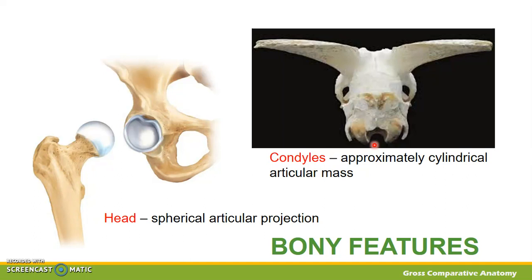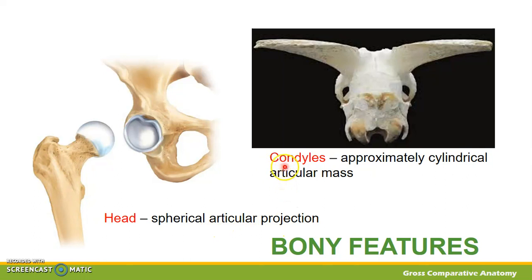For the articular projection, the typical example is the head, which is described as a spherical articular projection, as you can see here. But take note that not all heads are spherical in shape. This is the head of the femur, but in contrast to the head of the humerus, this is not typically spherical, and they project with a structure forming a joint, so they are classified as articular projection.